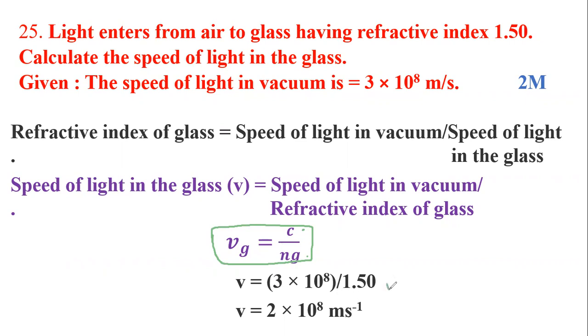The value is already given. Just substitute it. You will get 2 into 10⁸ meters per second, m s inverse. Understood? We'll go to the next question. Only the formula. This is a very easy question. Remember the formula, substitute the values.